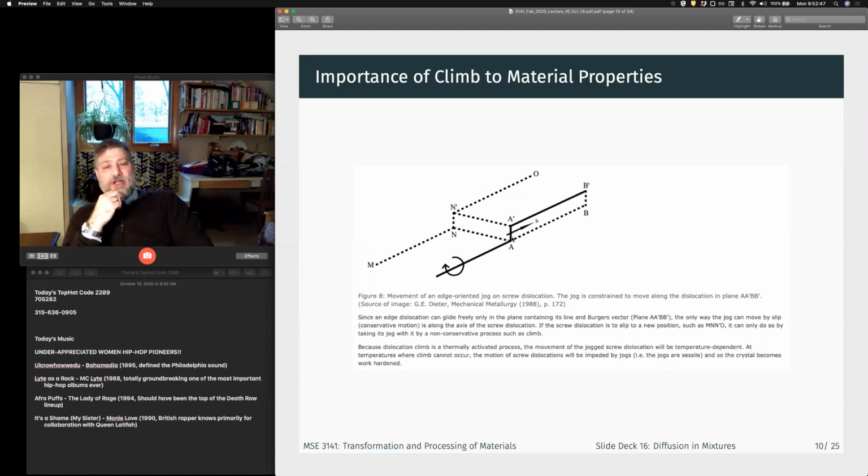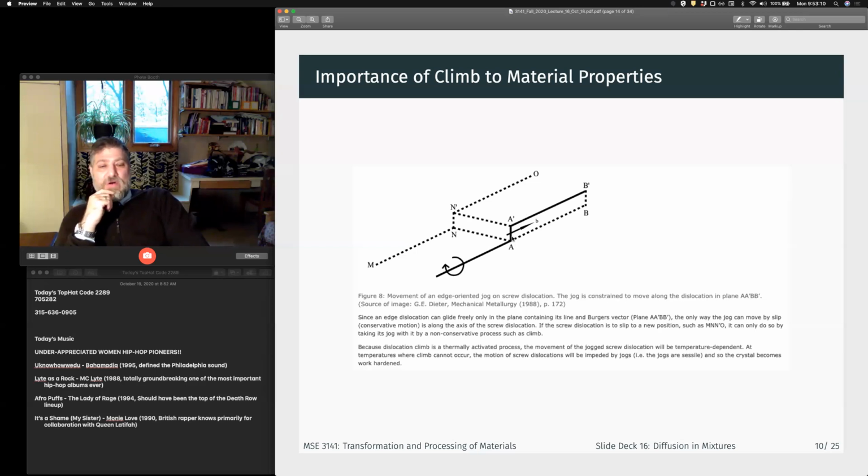So that means the Burgers vector has to be constant everywhere along the dislocation length. So here my Burgers vector is now perpendicular to my dislocation line length. So that means that this A prime segment is actually an edge dislocation, right?